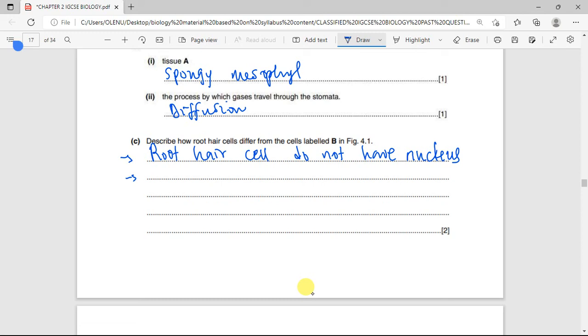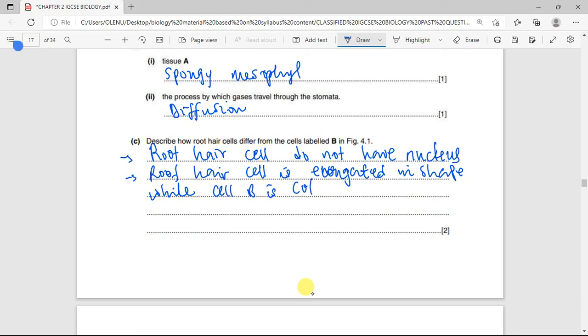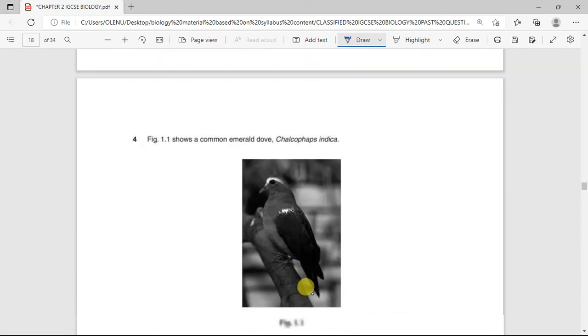Another thing: the root hair cell is elongated to give the root a large surface area in shape, while the upper one there, cell B, is columnar in shape. That will give you a full mark.